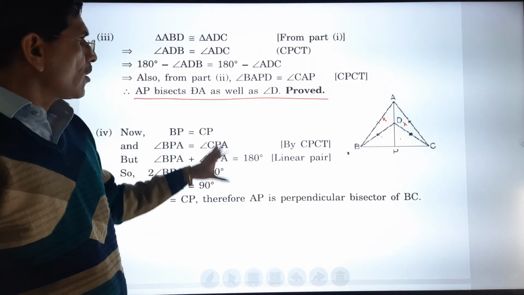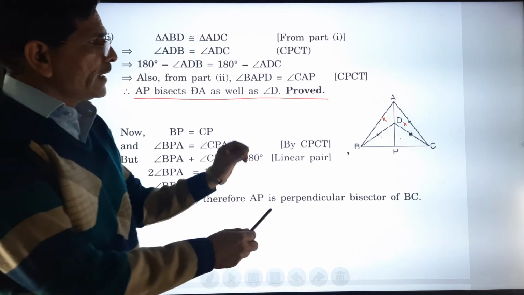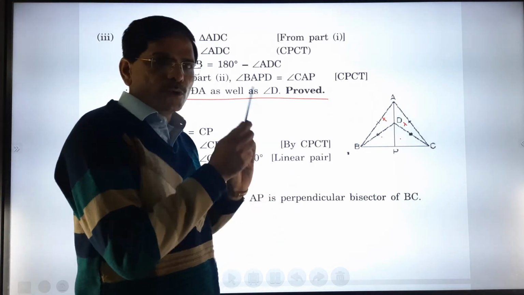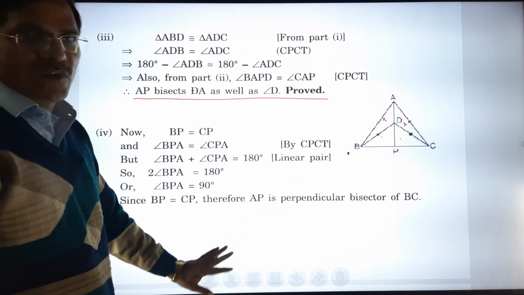These are not as important; the first and second are important. Already we proved the two triangles are congruent, and again we are using these triangles the same way.